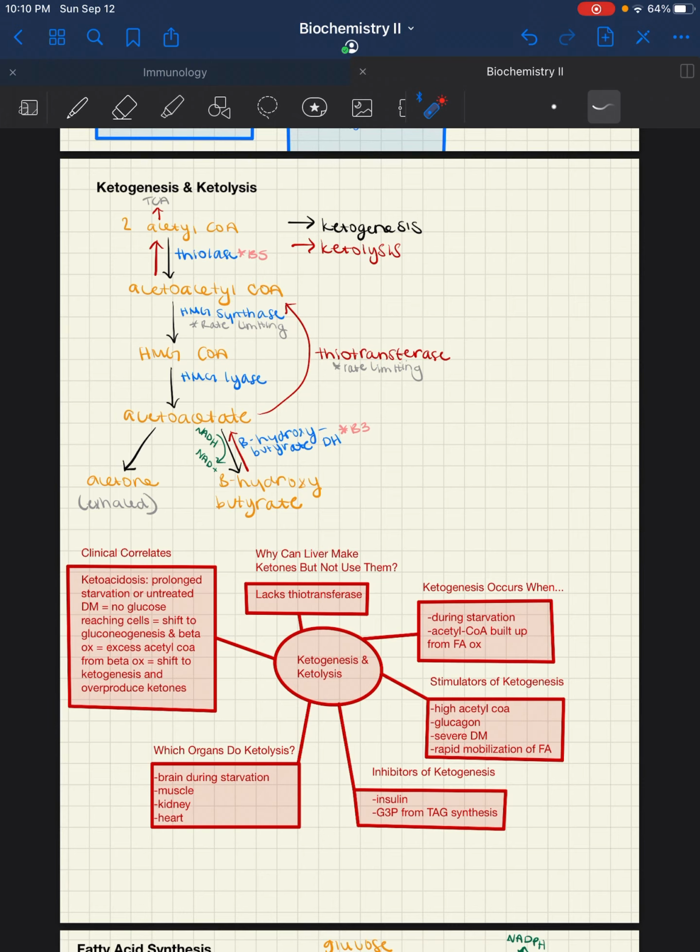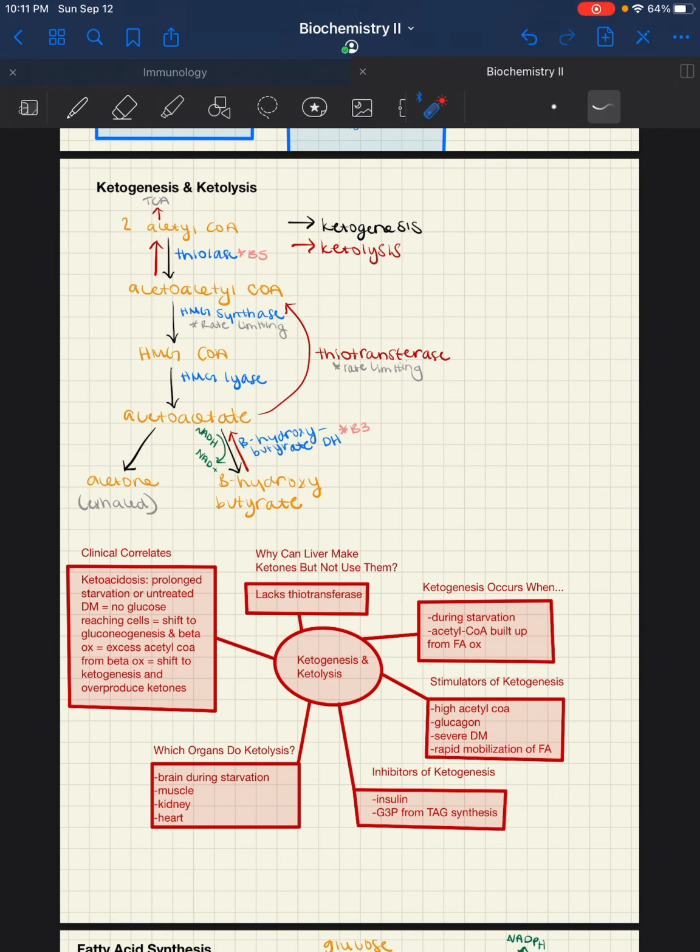So the liver makes these ketones, and it sends them, not really acetone again because it's exhaled, but it's sending these to other tissues where now these other tissues can break down those ketones and use them as energy through a process called ketolysis. So it's this same pathway but backwards.